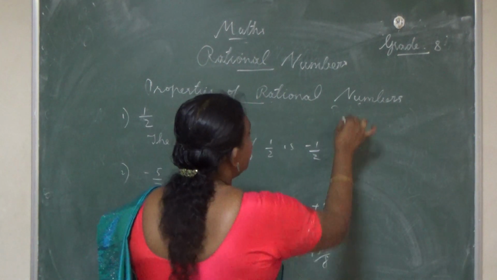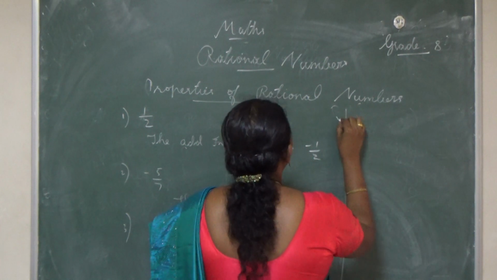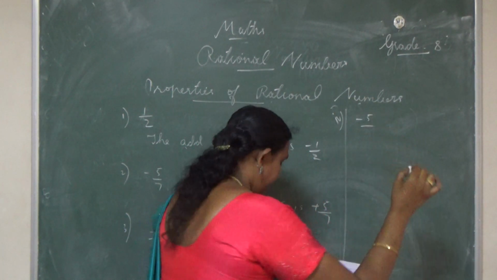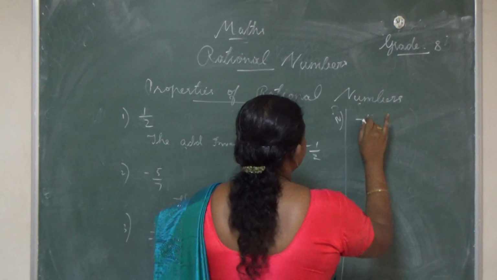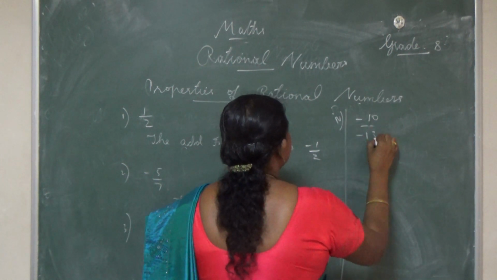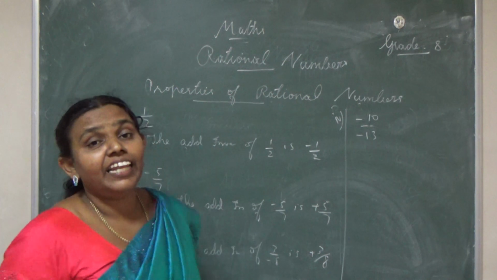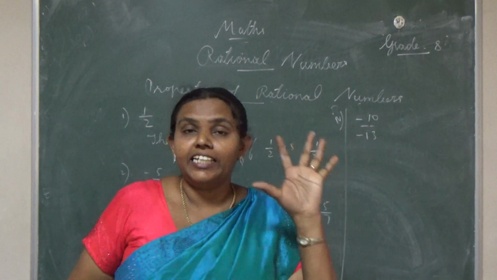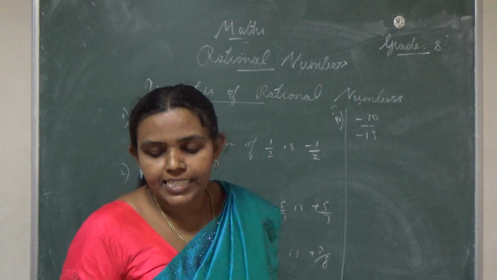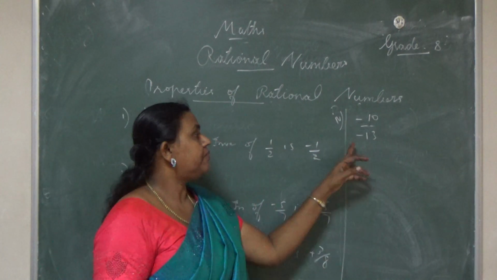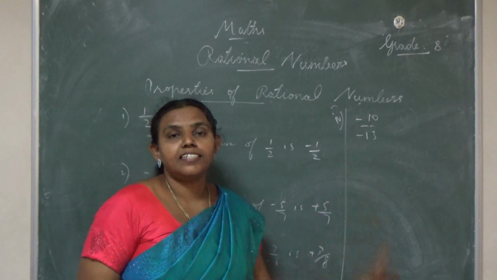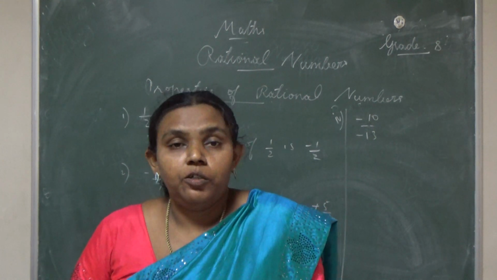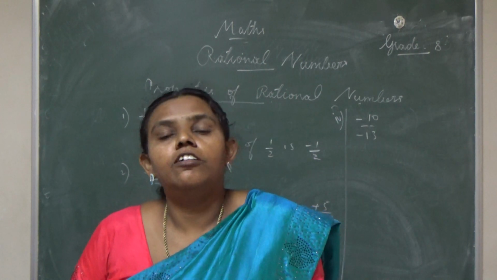Now we have one problem. Fourth problem. Minus 10 by minus 13. Can you tell me what is the additive inverse? Here only you are getting the challenge. Denominator and numerator we have same sign.